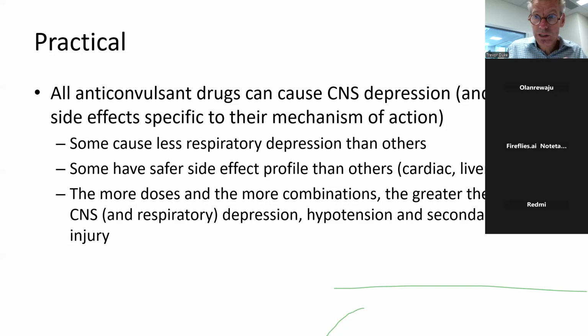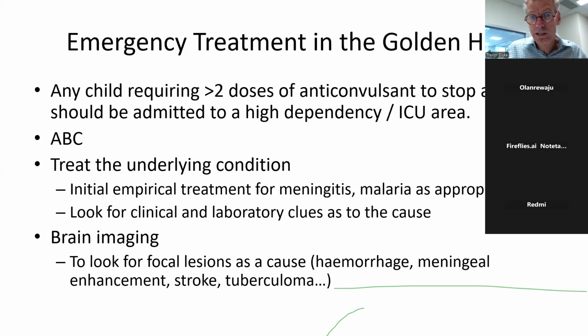So we have to be very careful. As I said, if a child needs more than 2 doses of a short-acting agent, they should get a long-acting agent, and they should be managed in a high dependency area of the ward or an ICU. I've said that before. So you treat their airway, breathing, and circulation, and treat the underlying condition.